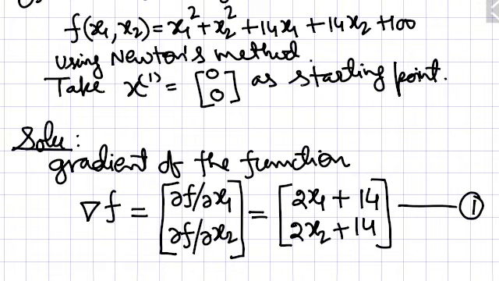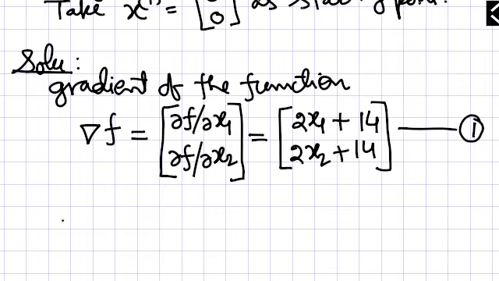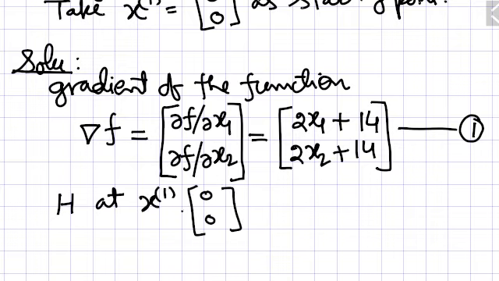Now the second step is to find the Hessian matrix, denoted by H, and we will find the Hessian matrix at the starting point, that is the point 0 0. So this is step 1, and step 2 is to find the Hessian matrix.